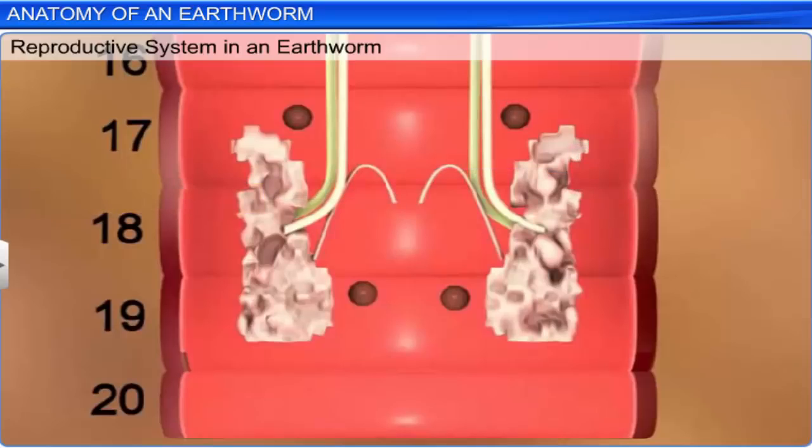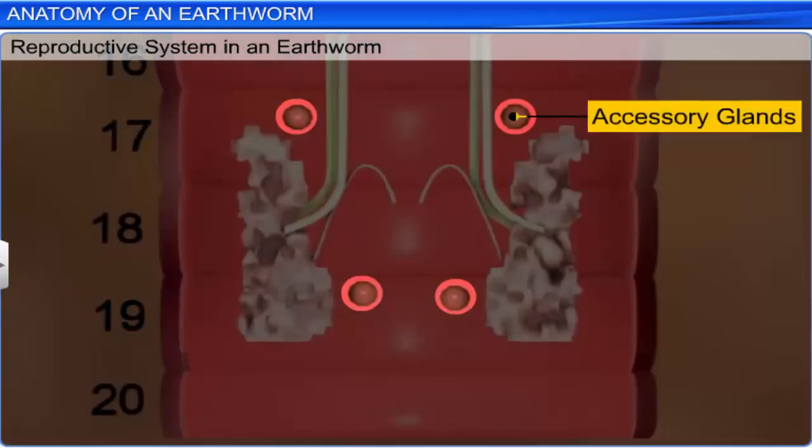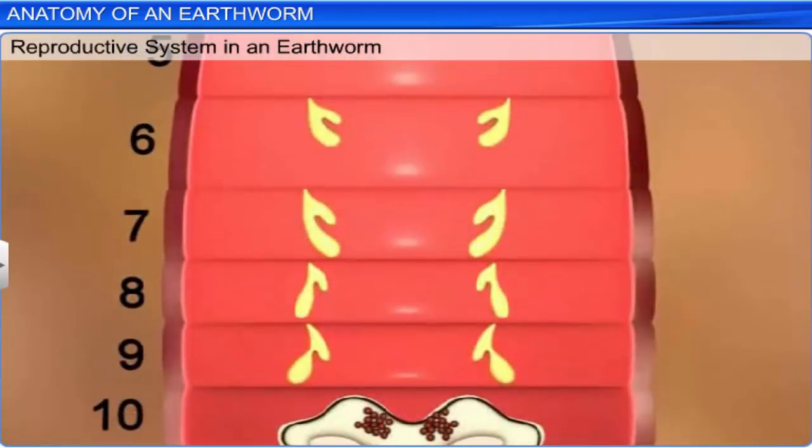In the 17th and 19th segments, a pair of accessory glands is found in each segment. Also, each segment from the 6th to the 9th bears a pair of spermatheca, which receives and stores spermatozoa during copulation.